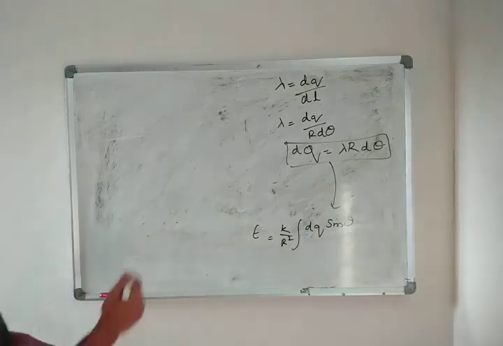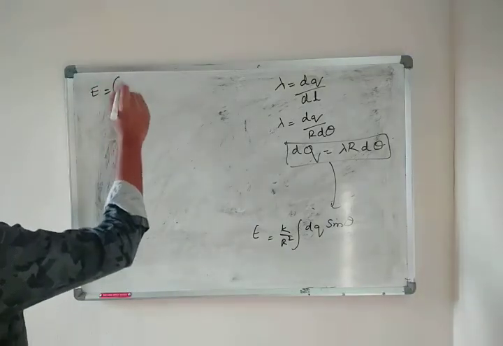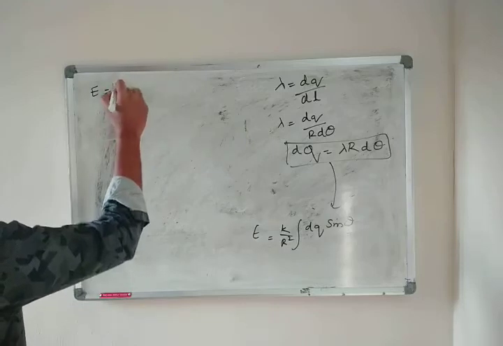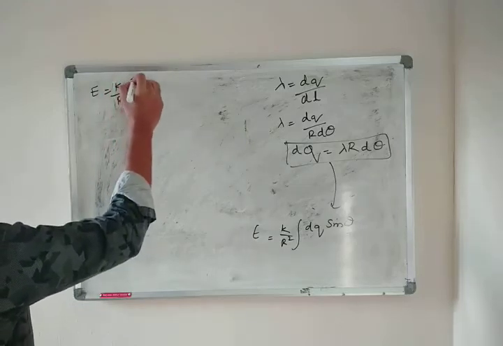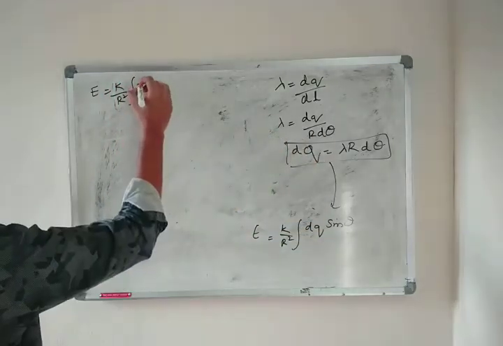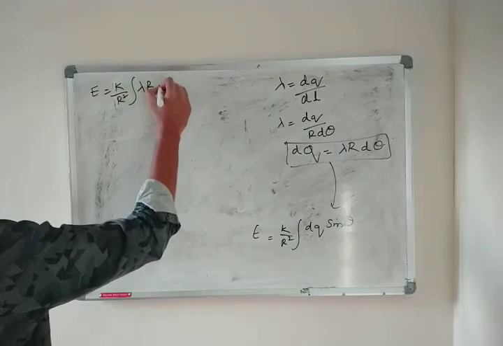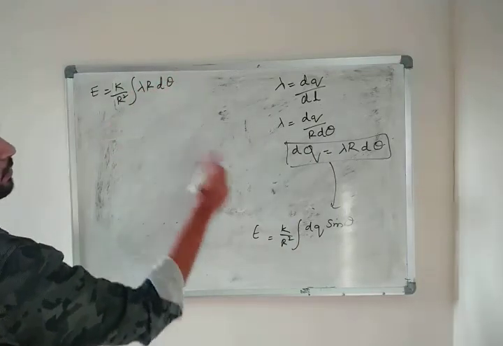Now if we substitute, what do we get? E is equal to k by r square integral dq. We are going to substitute that, so lambda r d theta into sin theta.